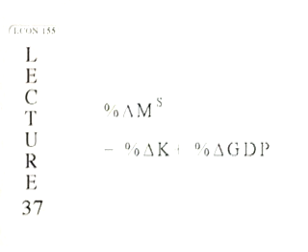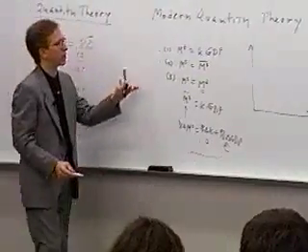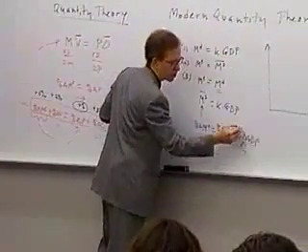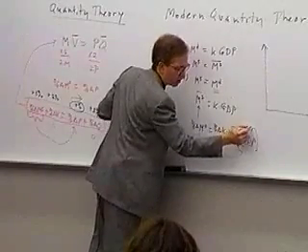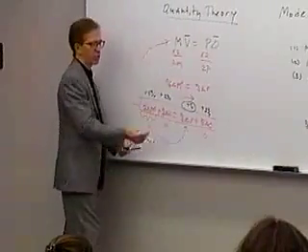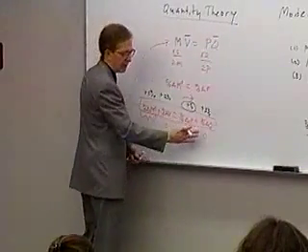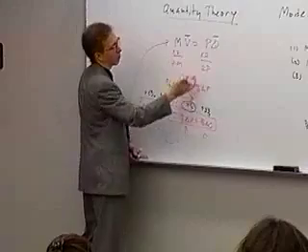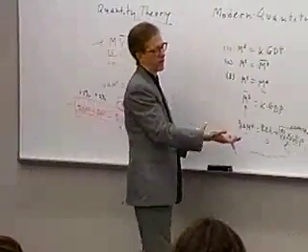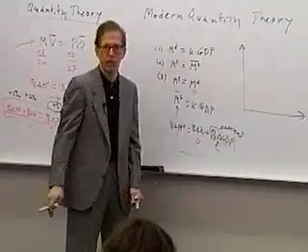If we assume that K is unchanged, then this is what the modern quantity theorists say: a percentage change in the money supply is matched by a percentage change in nominal GDP. Earlier it was a percentage change in the money supply matched by a change in the price level. So now we are broadening this out and saying that money affects nominal GDP.